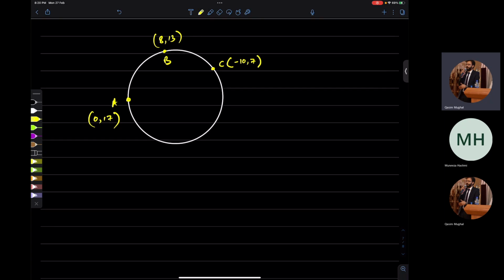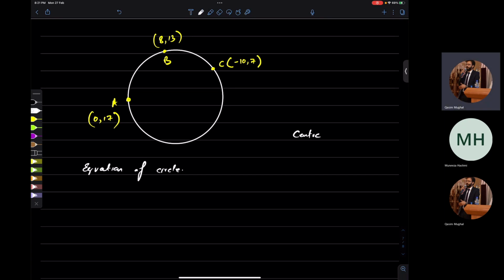The only information the examiner has given us is that there are points A, B, and C with their coordinates, and he is asking you to write down the equation of the circle. Just to know, in order to write down the equation of the circle, we always need two things.